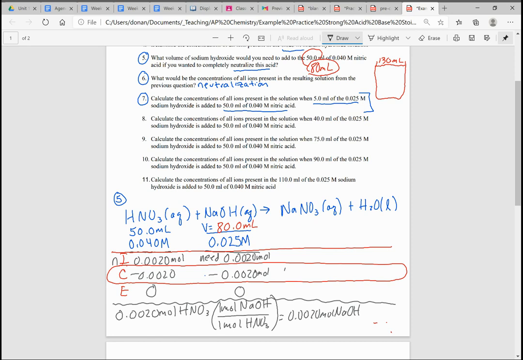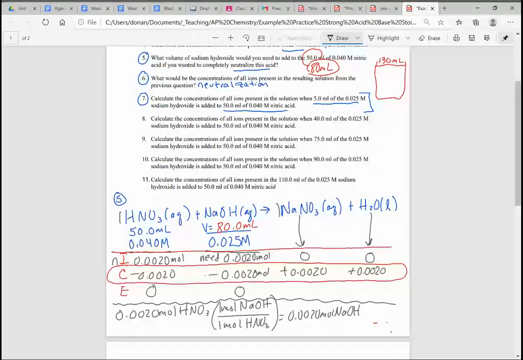It will be gone. But I'm also going to make, since this is a 1-to-1, 0.002 moles of sodium nitrate, and I'm going to make 0.002 moles of water. Now, I started with none of these.